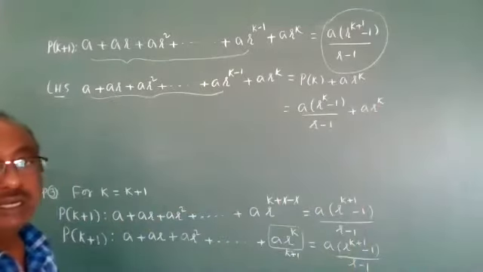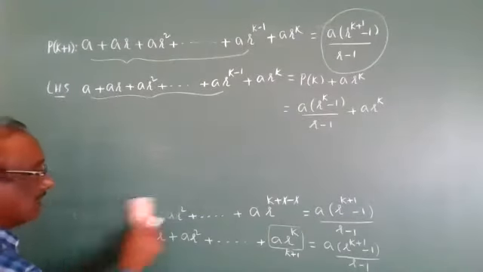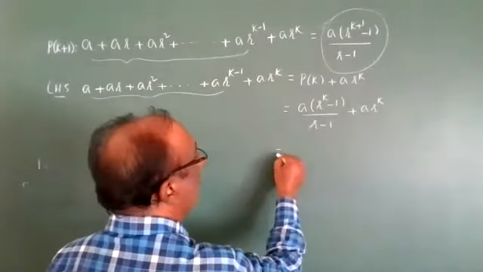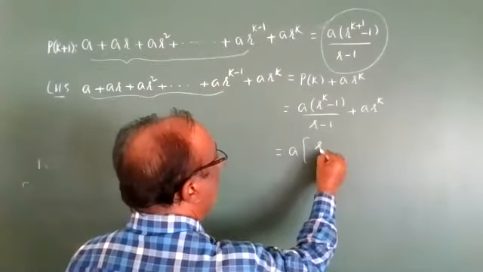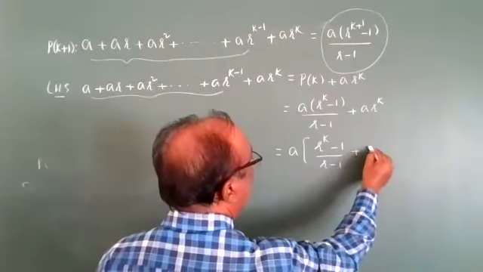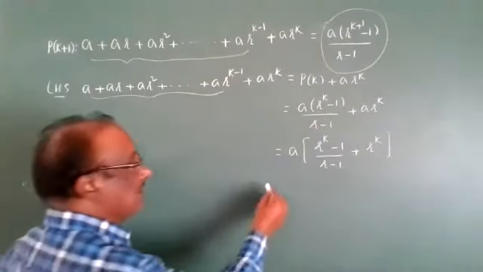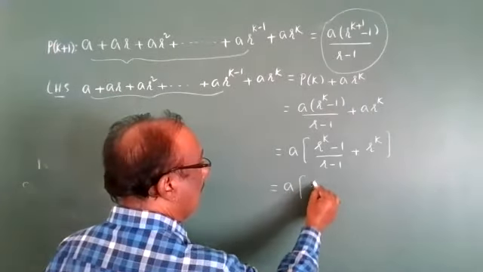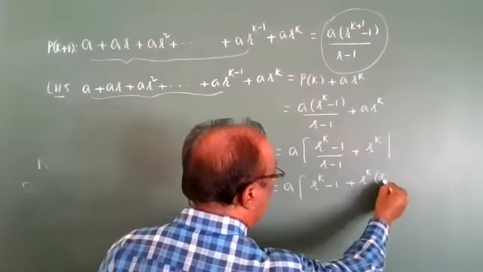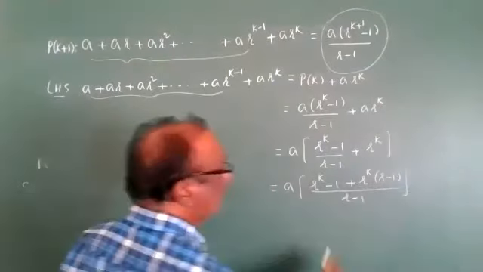Okay, now the right side is a into r power of k plus 1 minus 1. Now simplify, we check whether we get the same answer. First, a is common, take a common in both: a into r power of k minus 1 by r minus 1 plus r power of k. Now take LCM and simplify. We get a into r power of k minus 1 plus r power of k into r minus 1 by r minus 1.